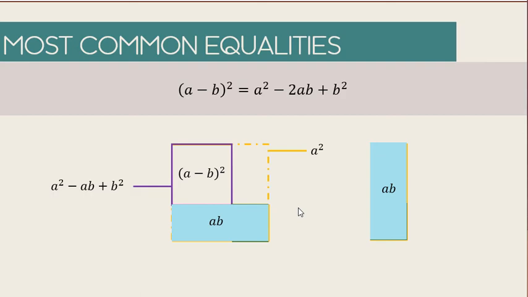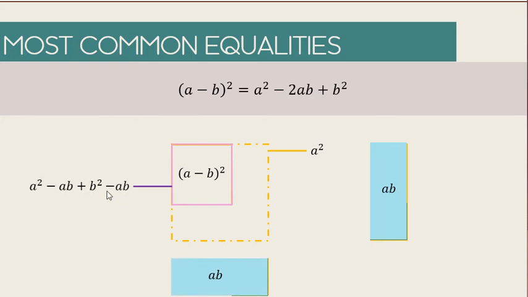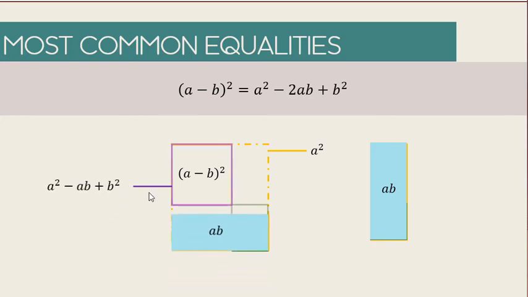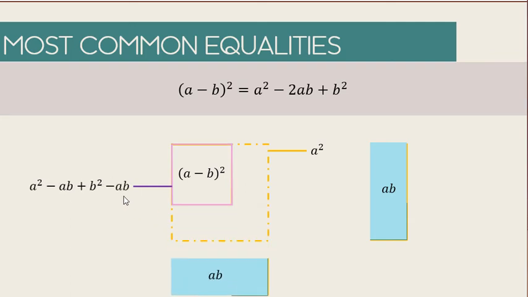And now we'll try to remove that part from the remaining part. Imagine that when I remove that part, I will subtract 1 time AB. Can you see that? Now we have the remaining area, which is the (A minus B) squared, as we calculated in the first place.